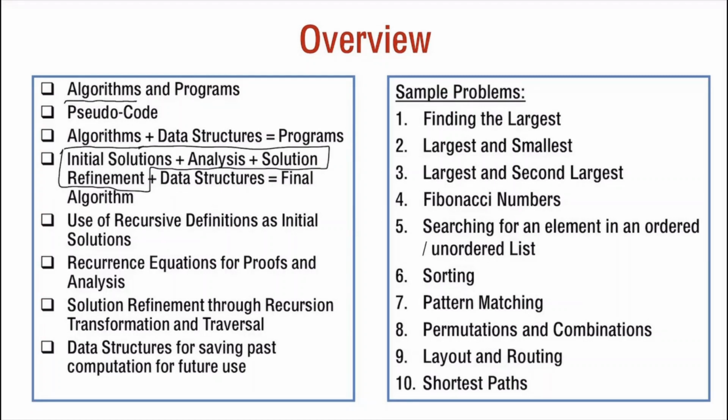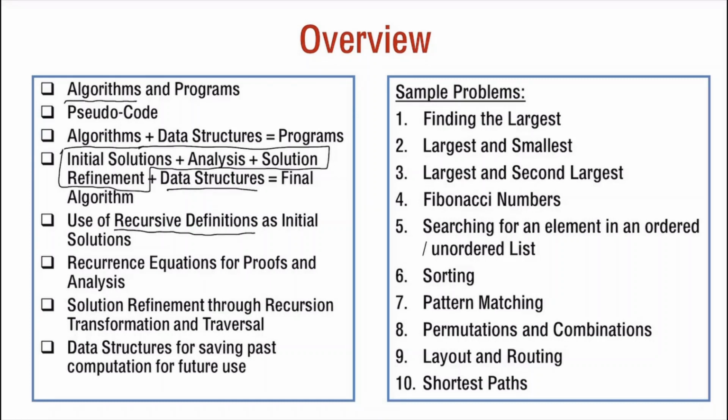That is, we will define an initial solution or a set of initial solutions, then we will analyze them, then we will refine these solutions and then add data structures. Now, how will we define these initial solutions? The method that we shall use in this course and in this series of lectures is to use what are called recursive definitions.